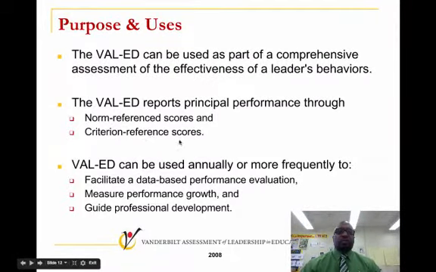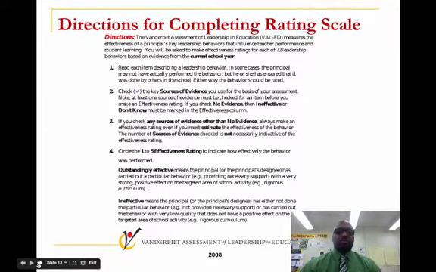There are two types of reports: norm reference scores and criterion reference scores. Basically, when the results come back, we will see how our administration ranks with other administrators, which is a norm reference score. And then we will see a criterion reference score, which basically shows whether they are distinguished, proficient, basic, or below.